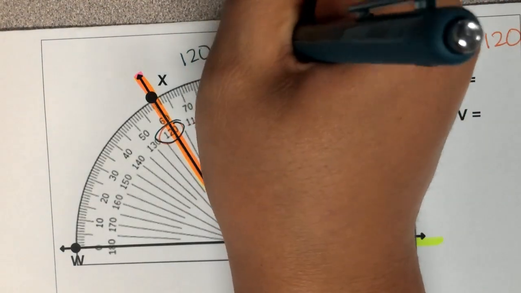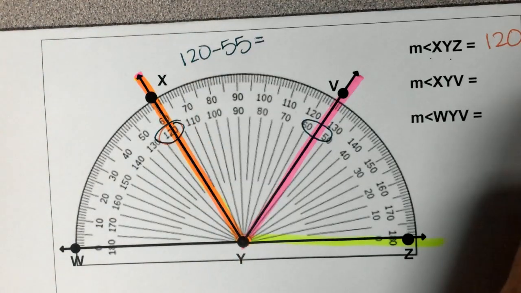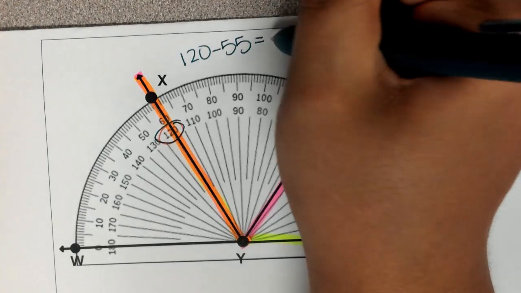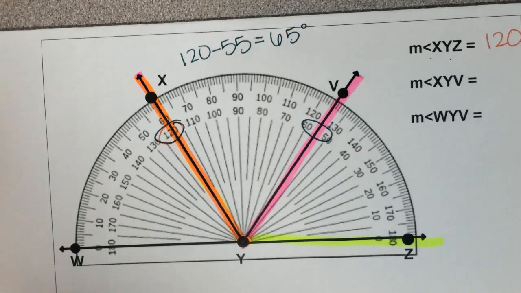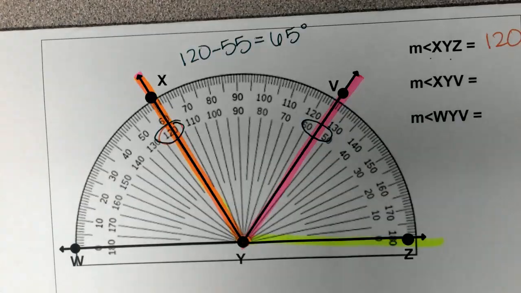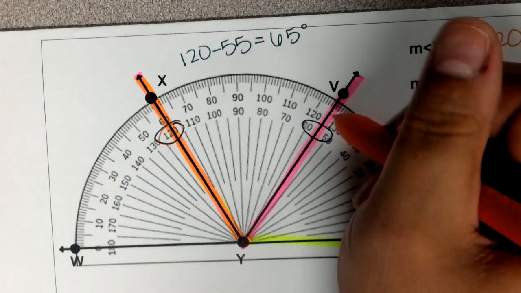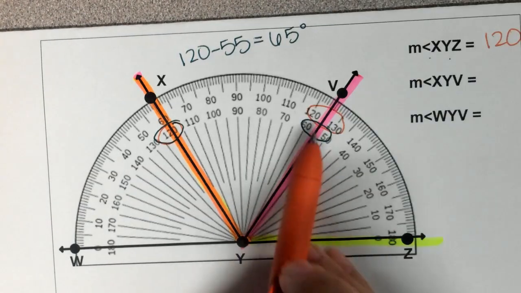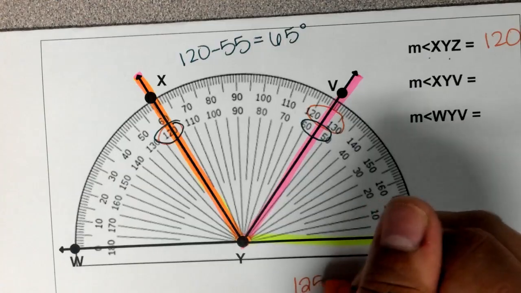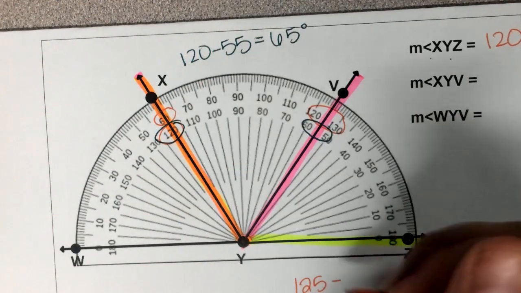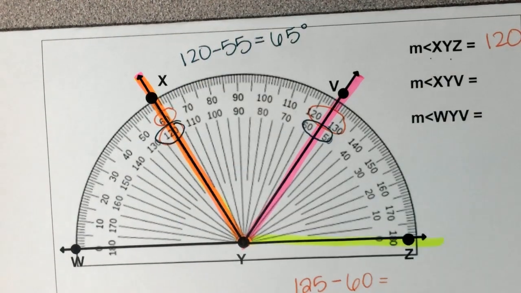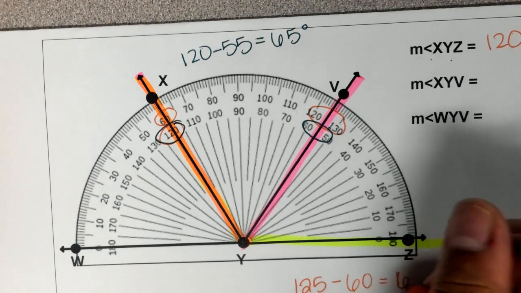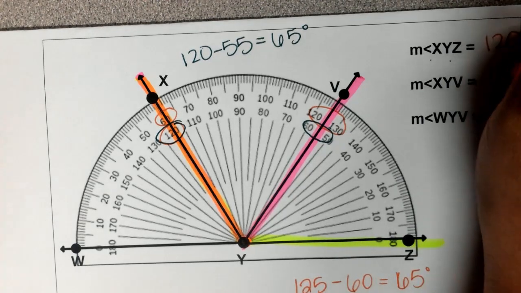So I'm going to do 120 minus 55. What's 120 minus 55? 65. And you would have a calculator you could do it on. Okay? Or, hold on real quick. Or I could do, what's this right here? 125 minus, what's this right here? What's 125 minus 60? Either way, we get the same answer.